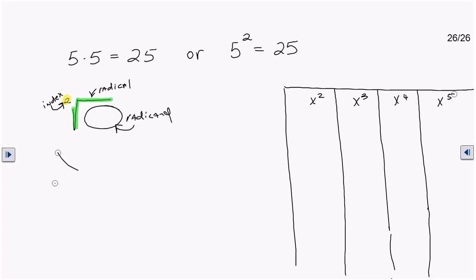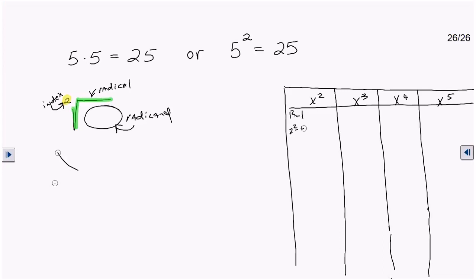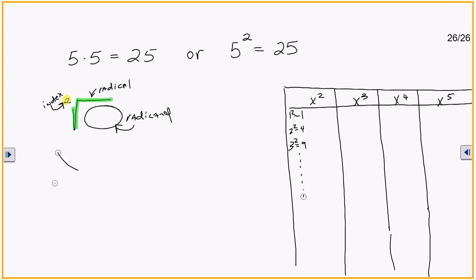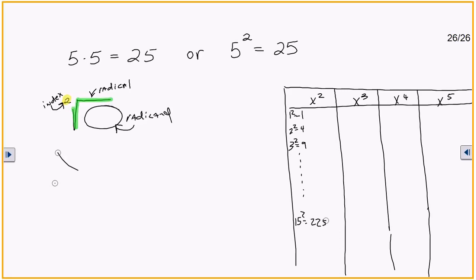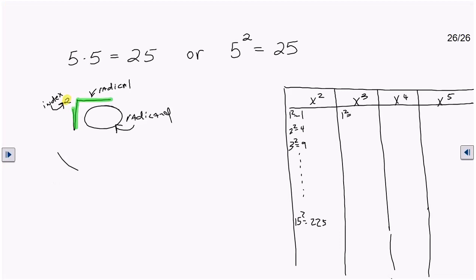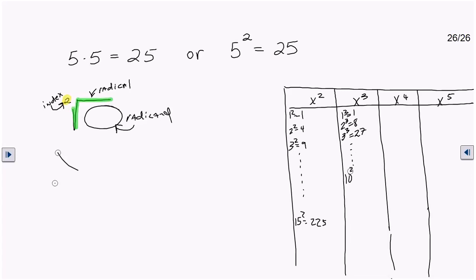And I tell students that they should do 1 squared is 1, 2 squared is 4, 3 squared is 9, all the way down to 15 squared is 225. And I tell them to do 1 cubed is 1, 2 cubed is 8, 3 cubed is 27, and to go down to like 10 cubed is equal to 1,000.